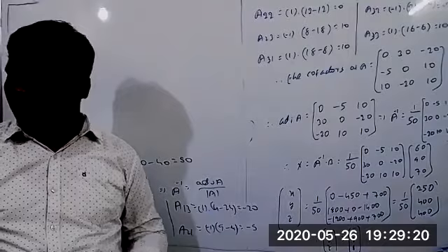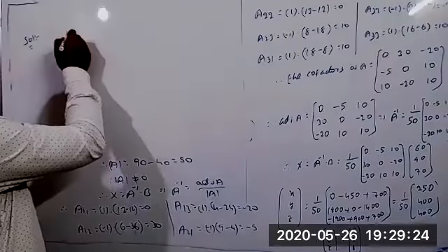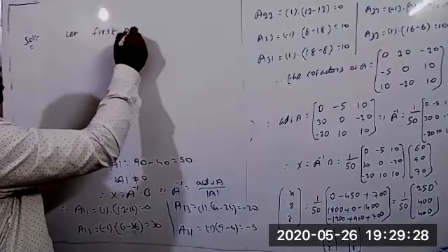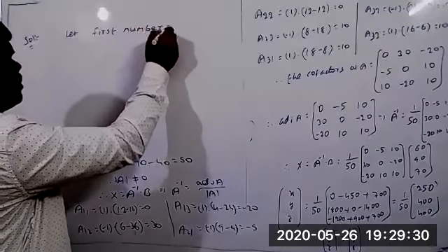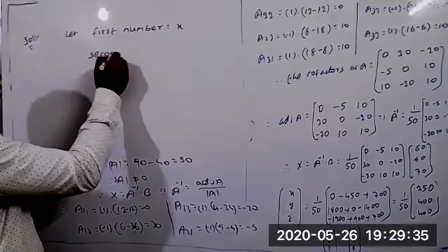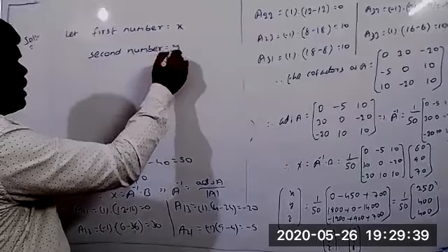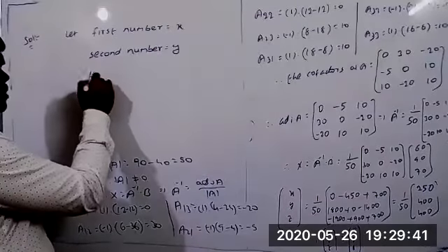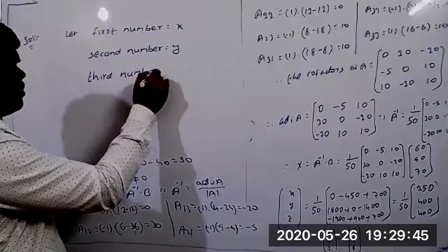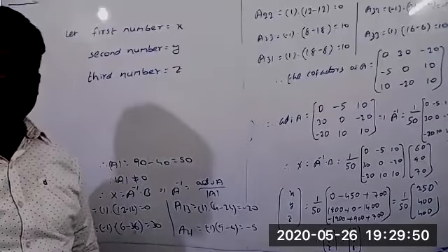So first you can take, let first number equal to x, second number equal to y, and third number equal to z.